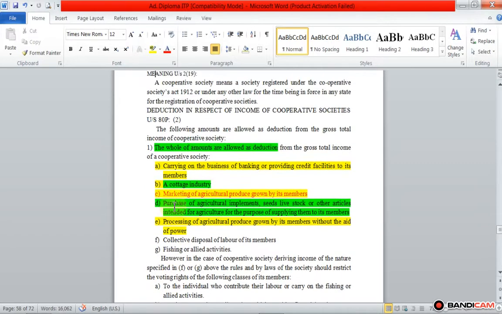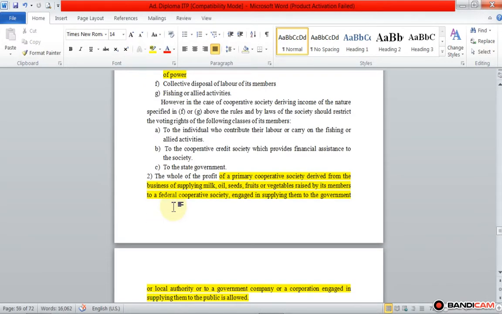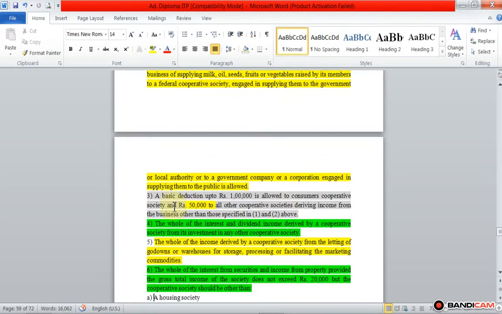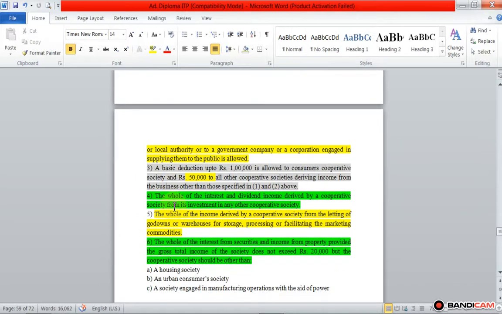So here we read the fourth point. The fifth point is related to letting of godowns, and the fourth point is related to income derived by a cooperative society in the form of dividend or interest from other cooperative society, which is allowed for deduction.